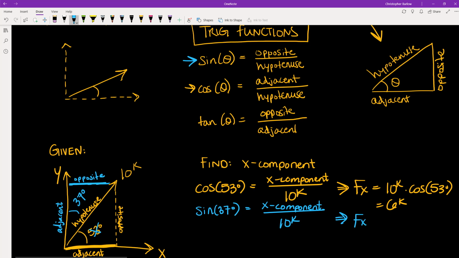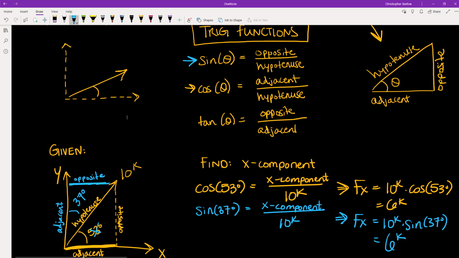And we would get that Fx is equal to 10 kips times sine 37, which would also equal 6 kips. So definitely pay attention to which angle you're given, complete the triangle, and visualize whether you're looking at the opposite side of the angle or the adjacent side, so that you can select the appropriate trig function.